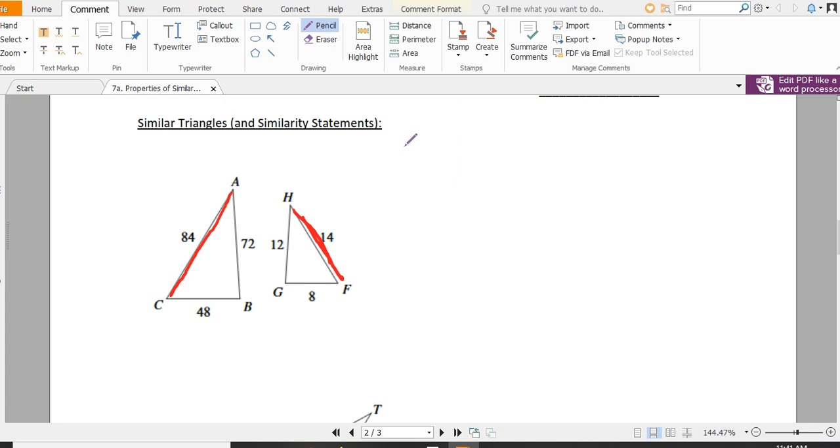So if I look at the ratio of side 1, AC divided by HF, that will give me 84 divided by 14, which gives me 6.